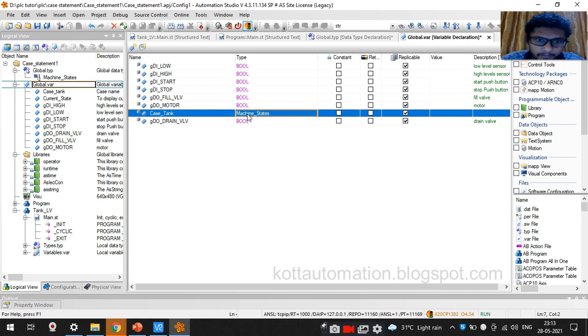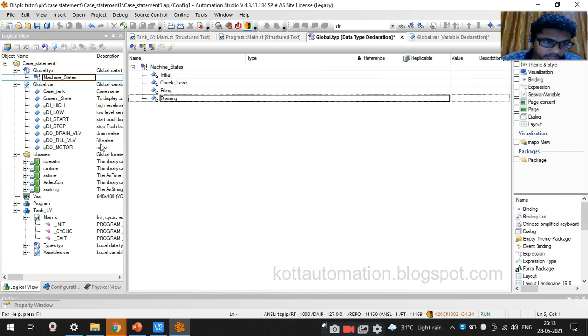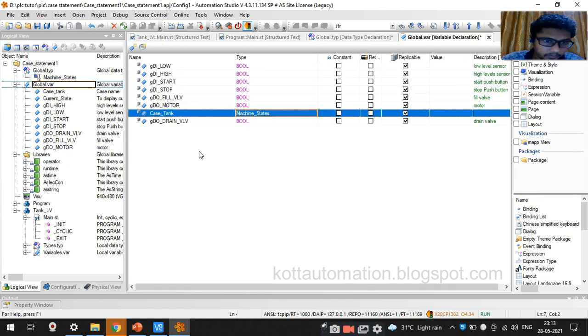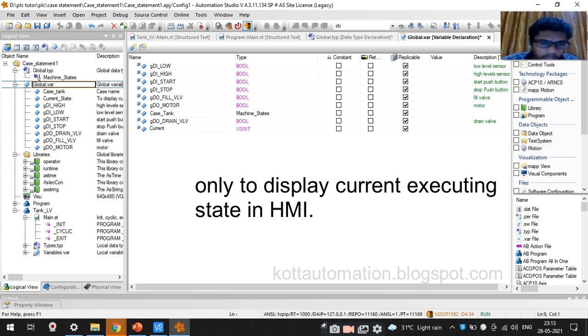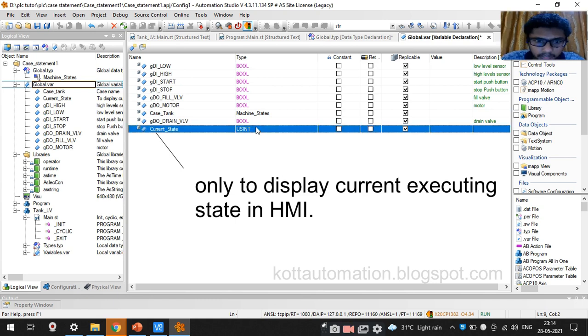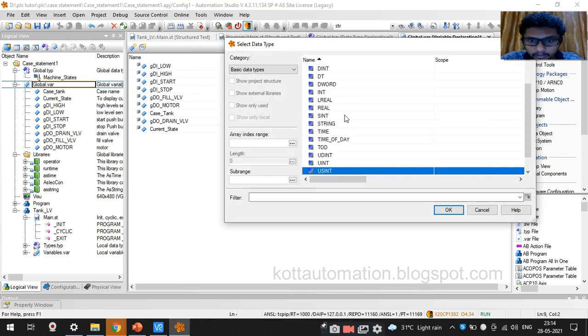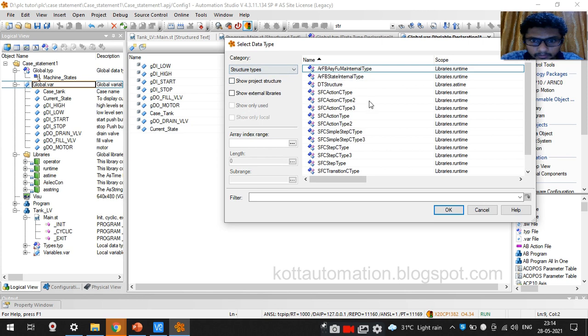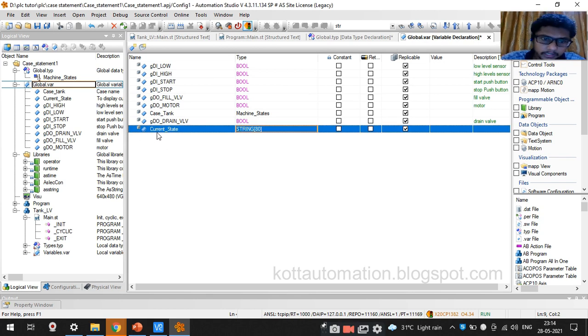Case tank is the case name, and the machine state consists of all the four states which we have discussed. Now here again add member, current state. This current state is a string value, which is the current executing state. This current state will give us the data about the current state which is executing in the program.